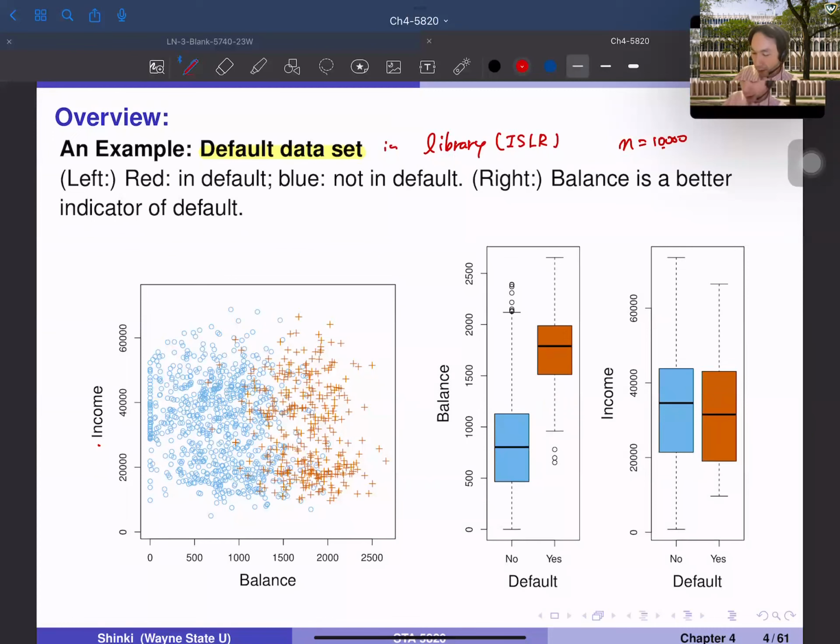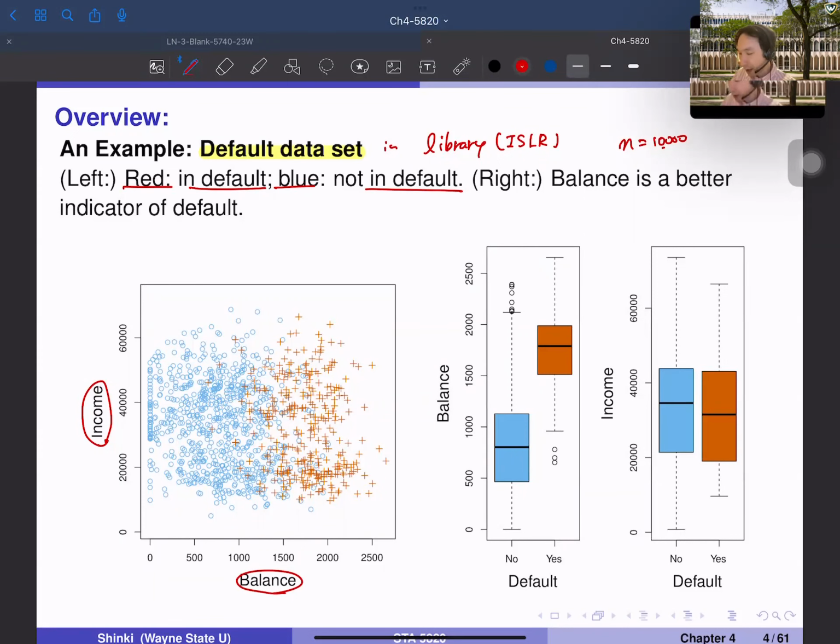One is the income of individuals and the credit card balance of those individuals. And we have the 2 classes. The blue is not in default and red is in default.